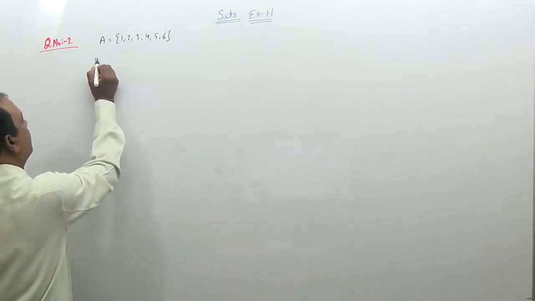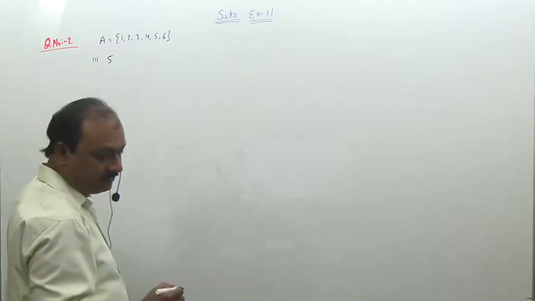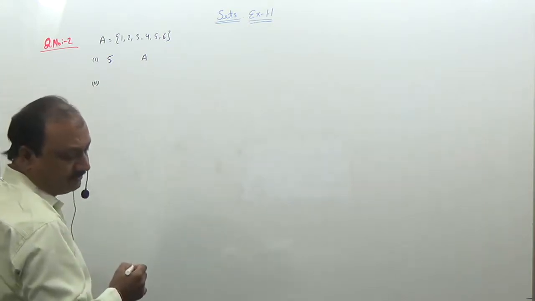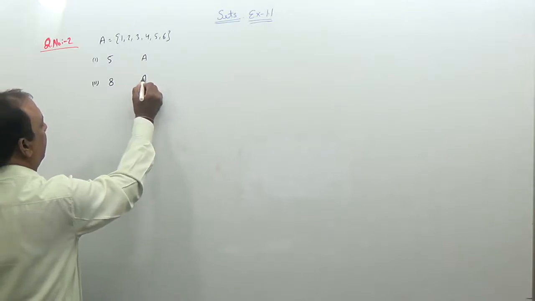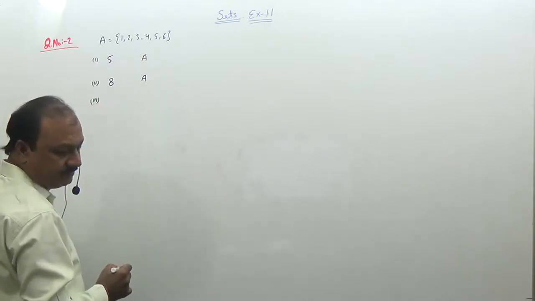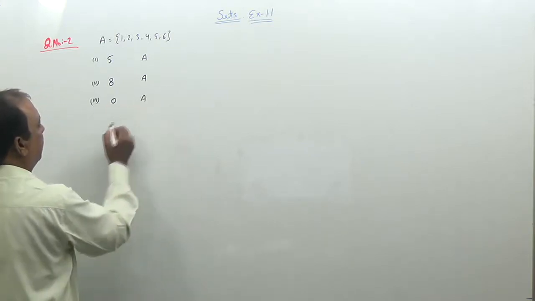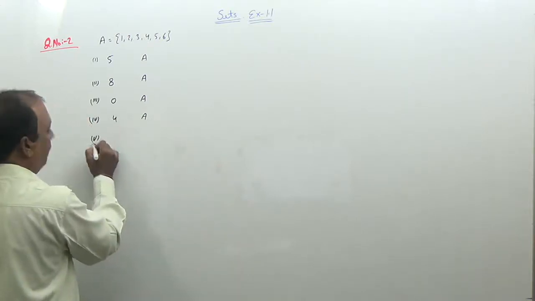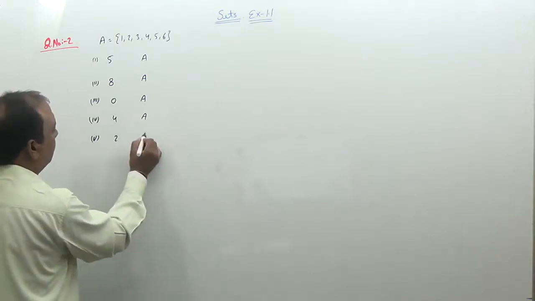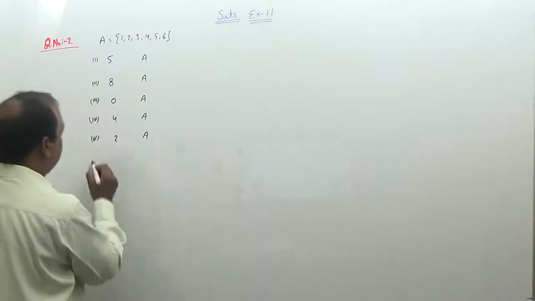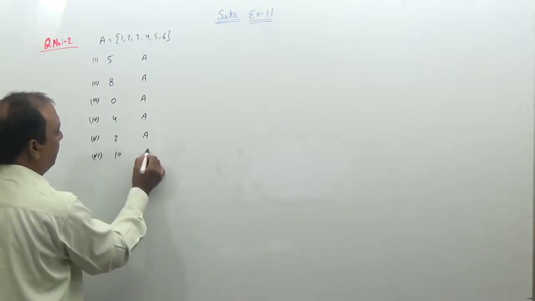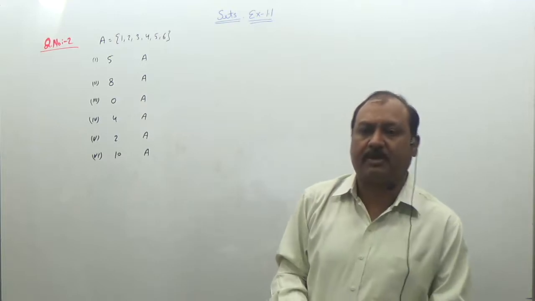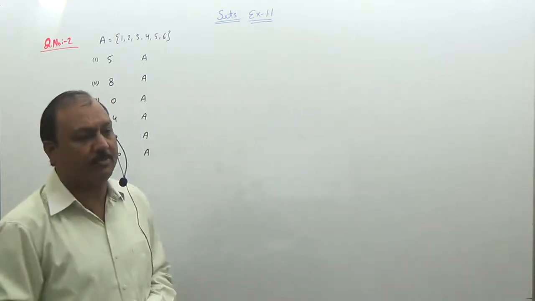First is 5 blank space A. Second part is 8 blank space A. Third part is 0 blank space A. Fourth part is 4 blank space A. Fifth part is 2 blank space A, and sixth part is 10 blank space A. We want to insert the appropriate symbol, that is belongs to or does not belong to.